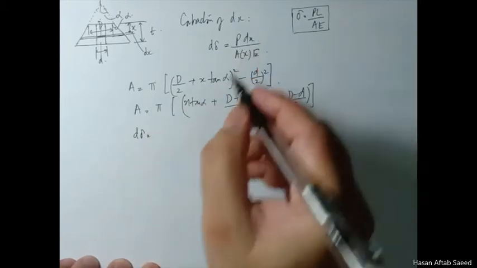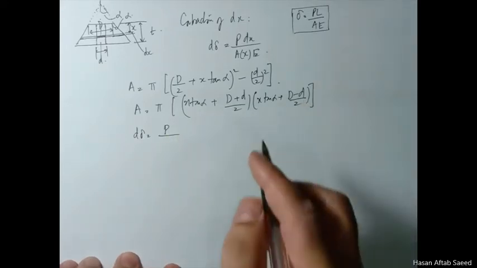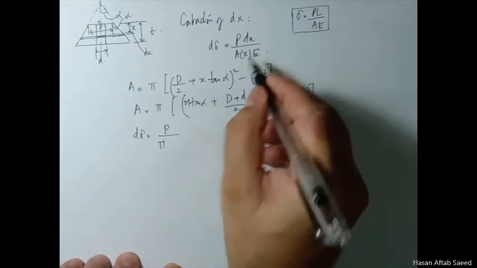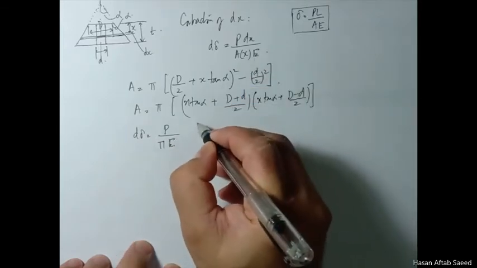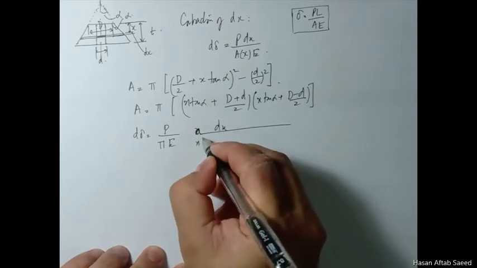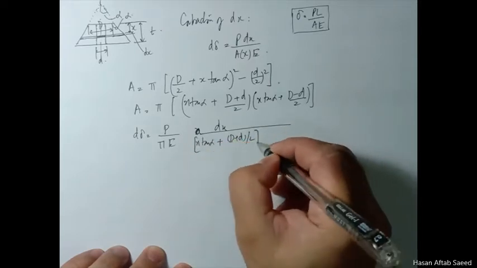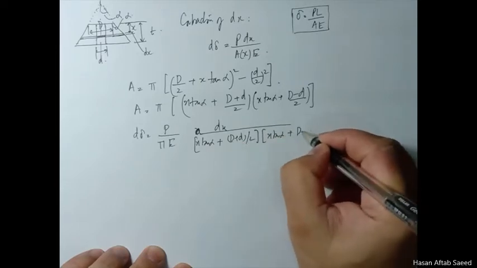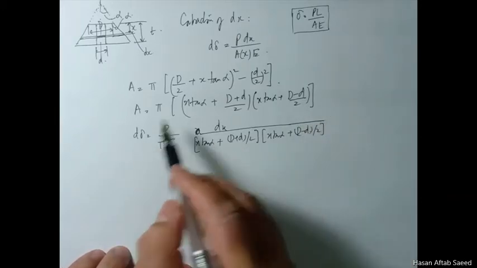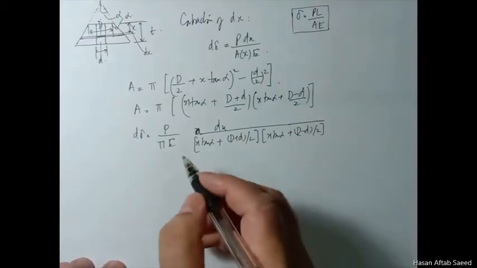So this becomes P over pi E. This comes from here, and then you have dx over (x tan alpha plus d over 2)(x tan alpha plus d minus d over 2). This is your expression for d delta.